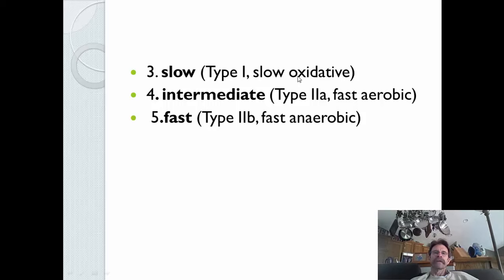Now notice here, type 1, and then these are both type 2. Well, I'll tell you, back in the dark ages when I studied this material as a young scholar, we only had 2 muscle types. They were called slow and fast, type 1 or type 2, oxidative or anaerobic.